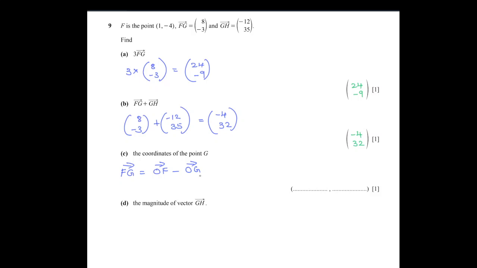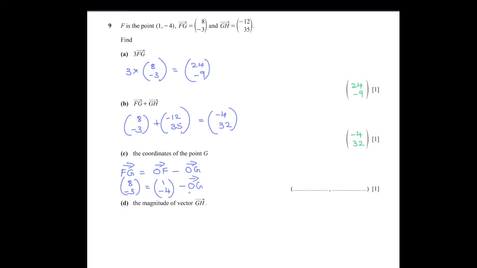That means the vector OG we will find out. Then we'll get the coordinates of G. So now we know FG, we know OF. OF is (1, -4). So FG is (8, -3). OF is (1, -4) minus OG.